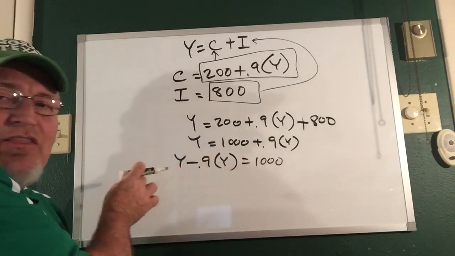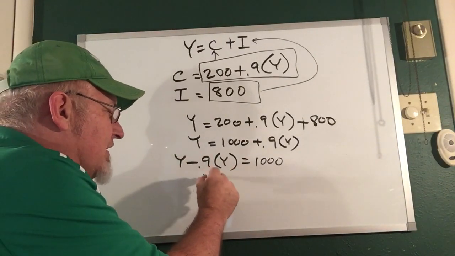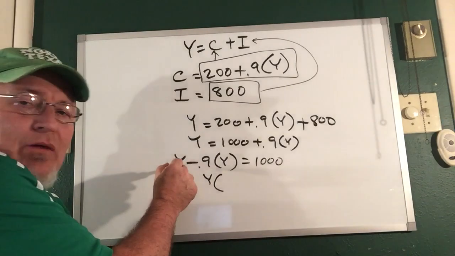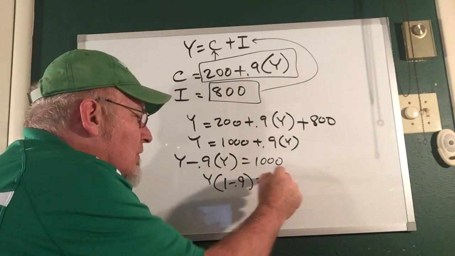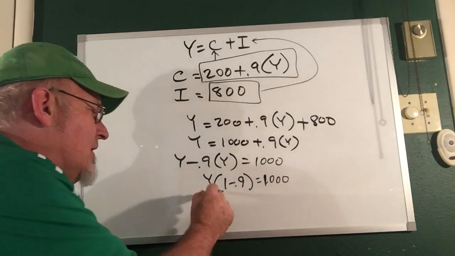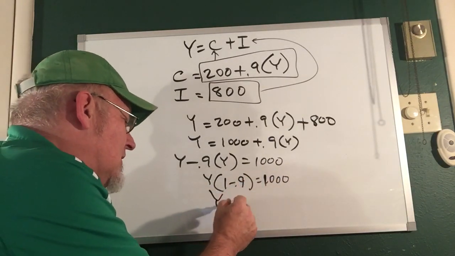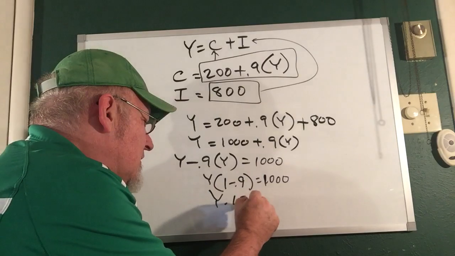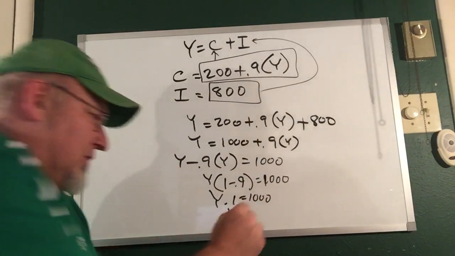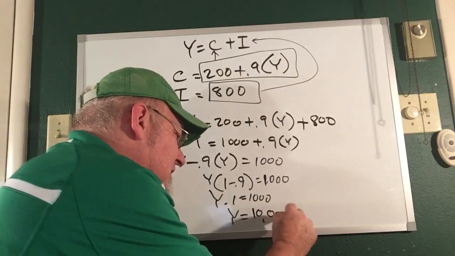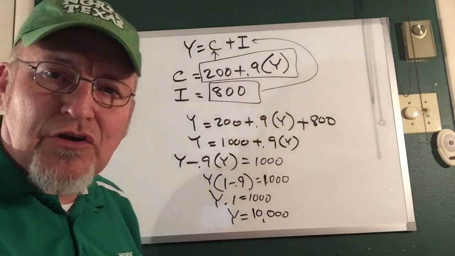And then I just take the Y out. So Y times 1 minus 0.9 equals 1,000. And then 1 minus 0.9 is 0.1, so Y equals 1,000 divided by 0.1, and Y equals 10,000. And there you go. There's our equilibrium.